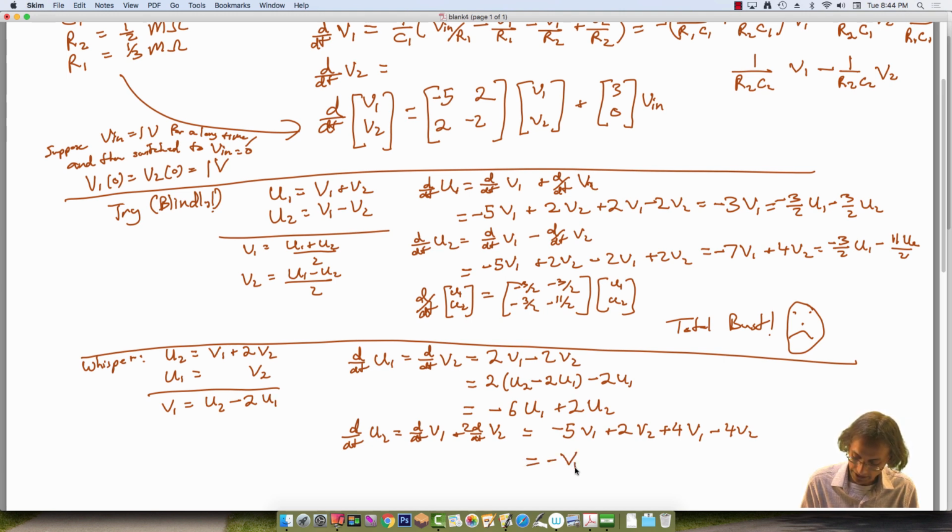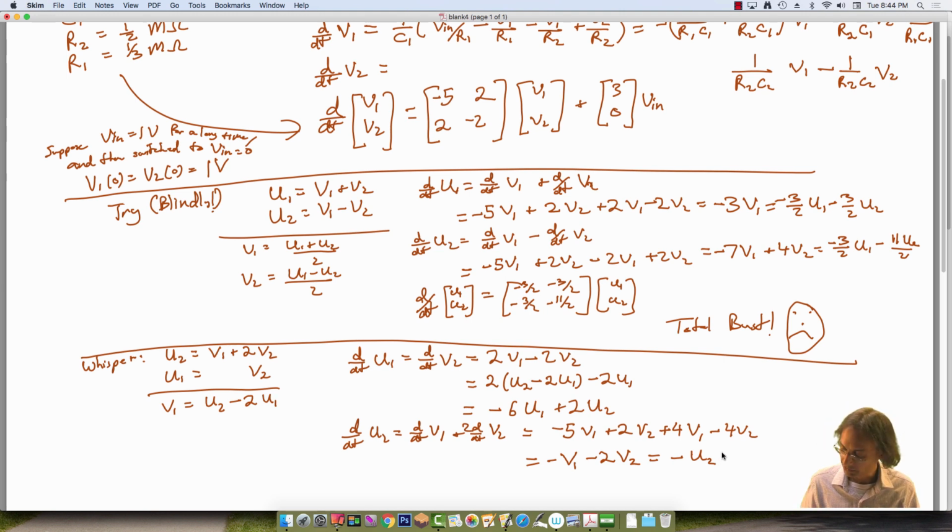This is minus V1, 2 minus 4, minus 2 V2. Okay, we both have V1 and V2, but what is minus V1 minus 2 V2 in terms of U2 and U1? Well, now we're in luck. Something very nice has happened, and this is just equal to minus U2, only one variable.